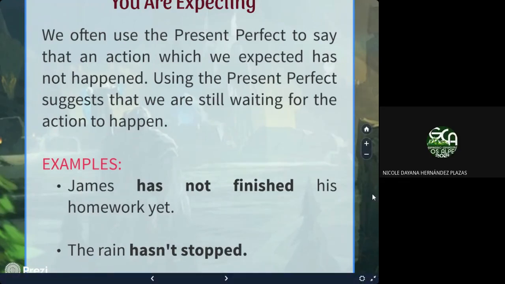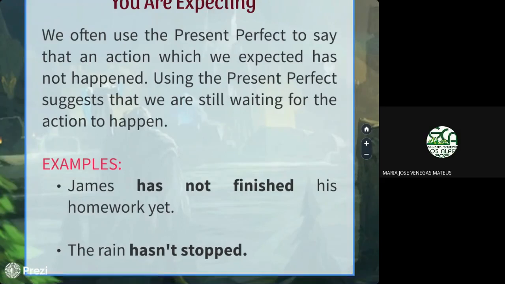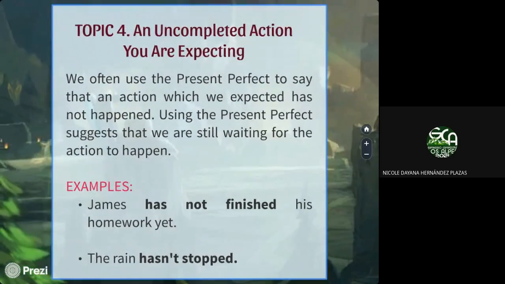We usually use what, baby? Yet? Yes. No, not all the time. I mean, puedes usar yet con afirmativos. Okay, let's continue. Don't forget to take notes, guys.